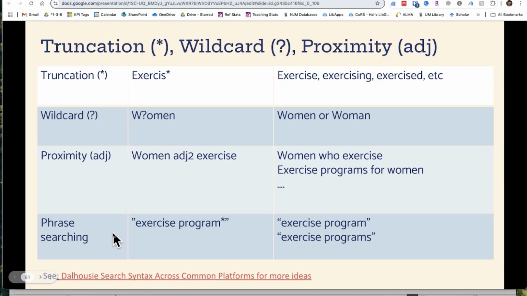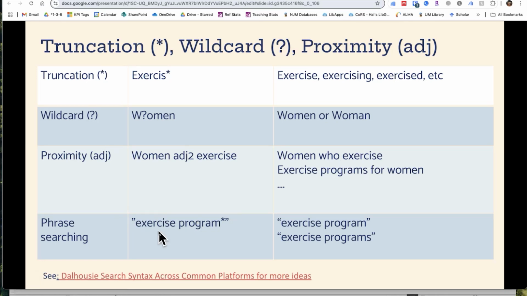The other one to be aware of is what's called phrase searching. And hopefully most of you should be familiar with this. But what it means is if you put quotation marks around multiple words, those words have to be beside each other. So in PubMed, if you just searched exercise programs, the word exercise could be in one sentence and the word program could be in another one.